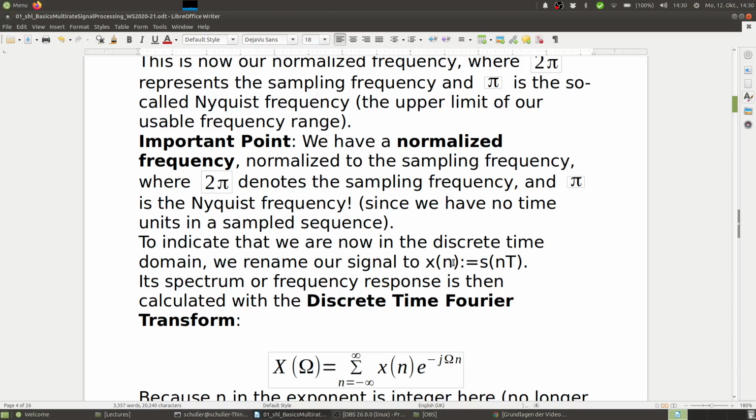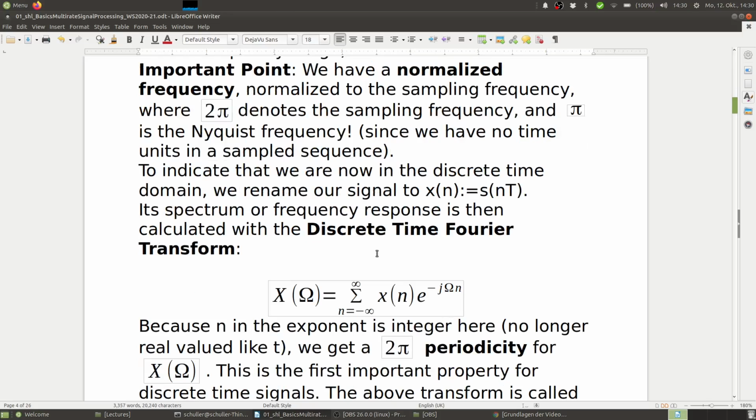So this simplifies our notation. Now we can also apply the Fourier transform to it, but now it's the discrete time Fourier transform, right? Because we only have discrete samples in time, depending on this integer value n.